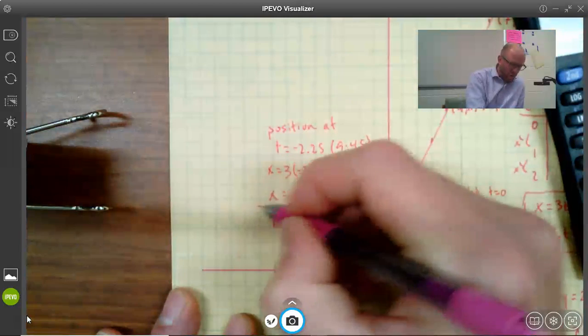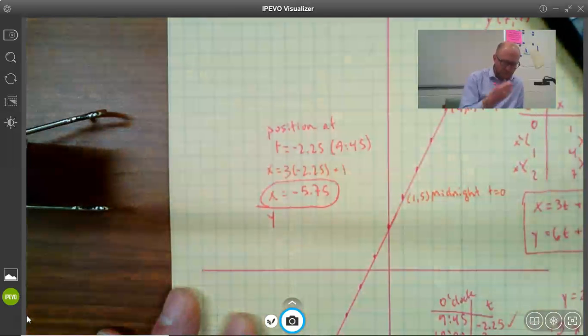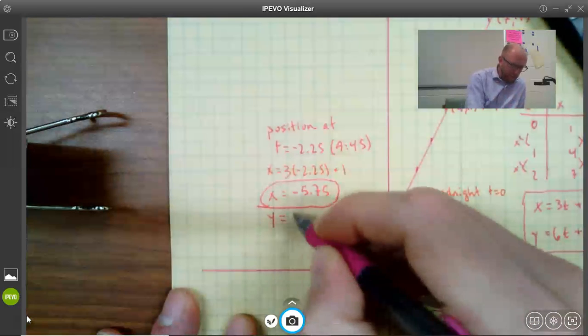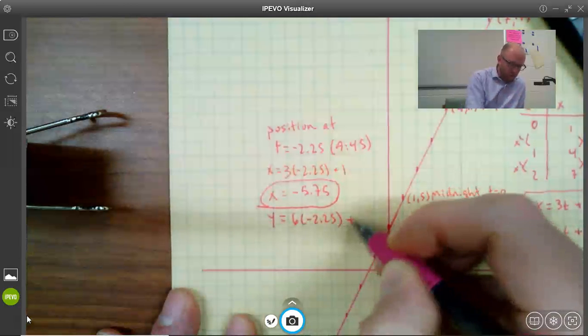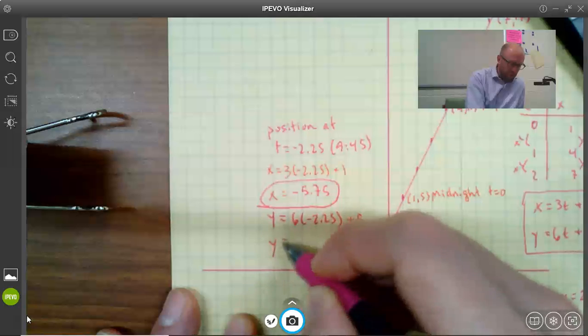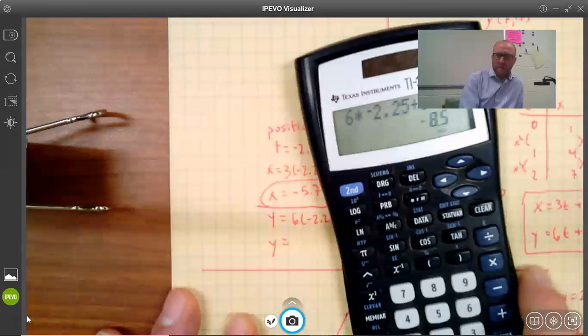And y is 6t plus 5, so 6 times negative 2.25 plus 5, which is negative 8.5.